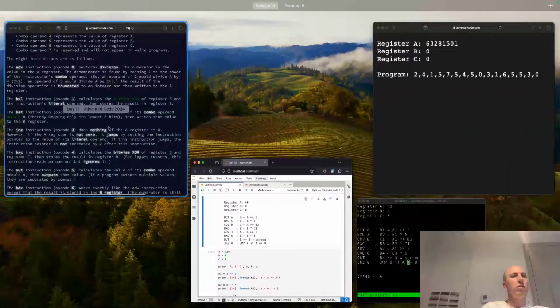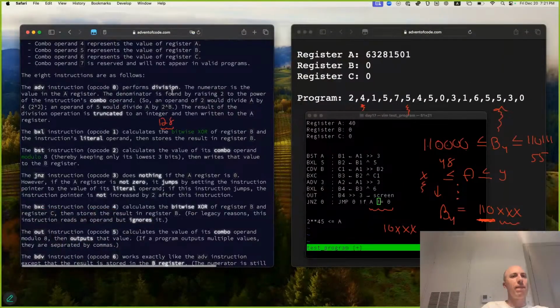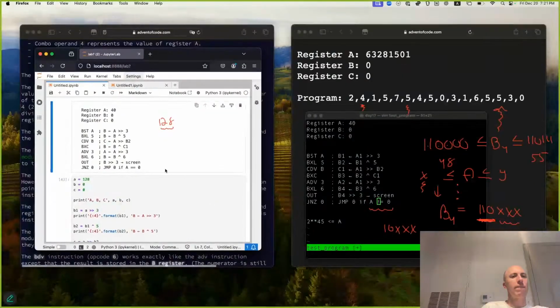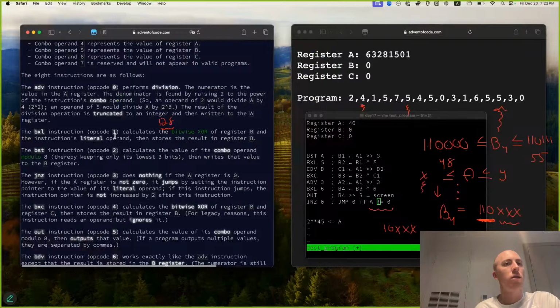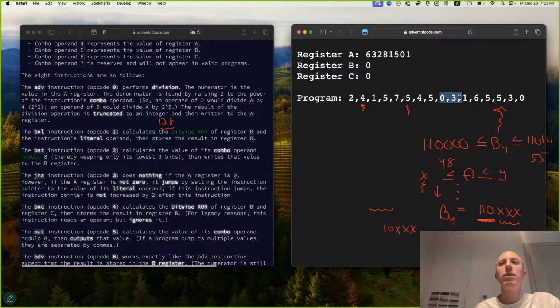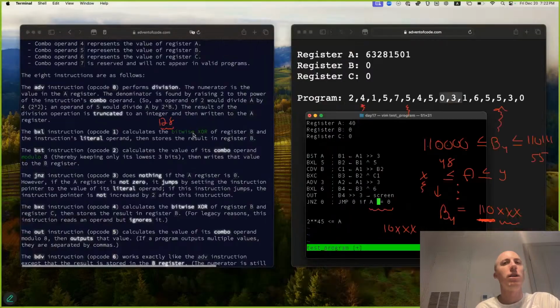Yeah, cool. 2 to the power of the combo register. Yeah, so the ADV opcode 0. So boom, boom, boom, boom. Okay, 2 to the 3. Okay, that's fine. That's correct.